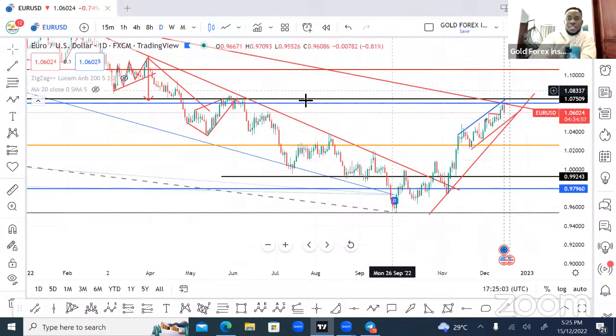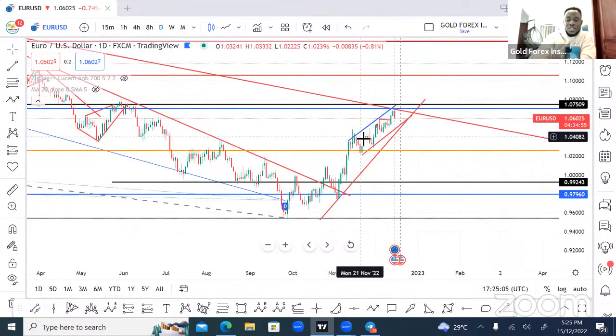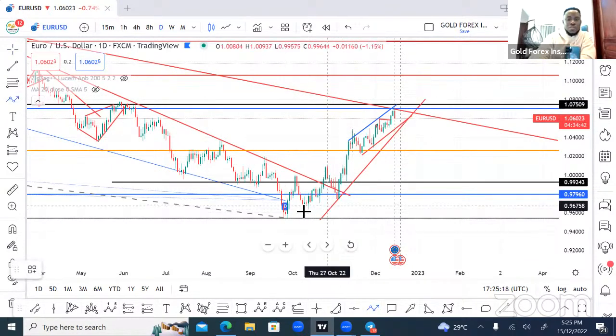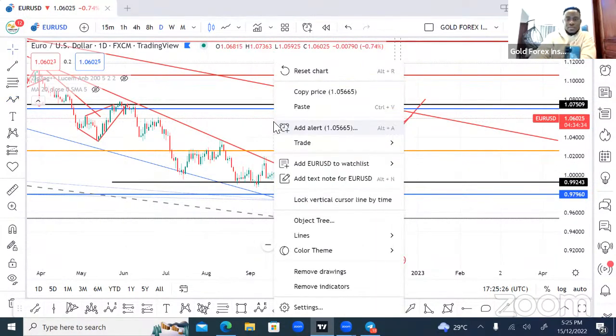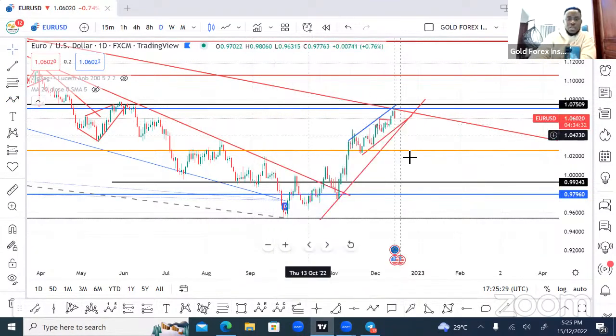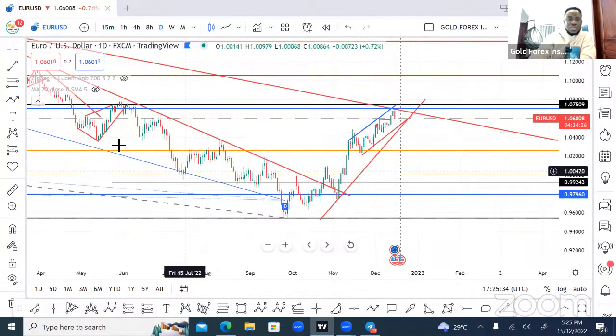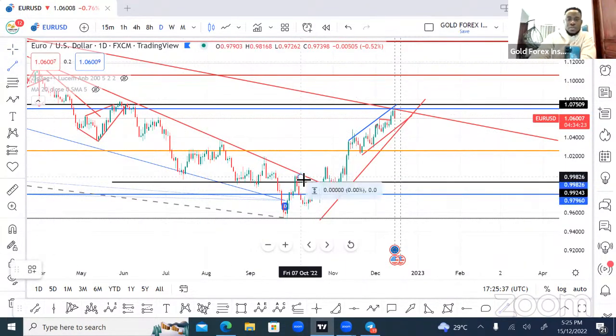So I'm expecting this is an impulsive leg, and you can see that it's forming an ending diagonal. So I'm expecting Euro USD to sell all the way down, forming something like this, an A. I don't want to remove the lines because I've drawn them for a purpose, but there's a flat correction.